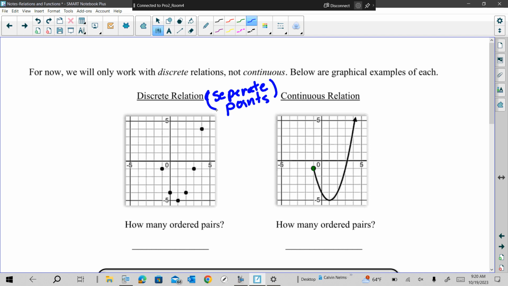Meaning, the difference between continuous and discrete is for continuous, I can graph it without picking up my pencil. For discrete, to plot these points, I would have to put my pencil down, then pick it up, then go to the next point. Where continuous, I can do this graph and not pick up my pencil. So, a continuous relationship is not separated by points.